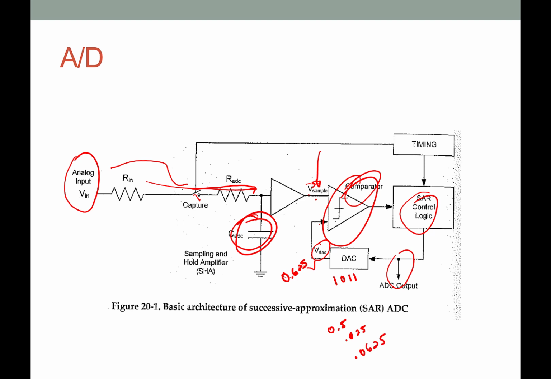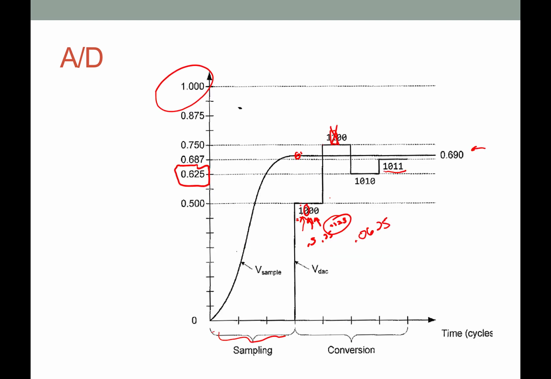So we're adding those. That goes and gets compared to the sample. So that value is 0.687. The sample value is 0.69.